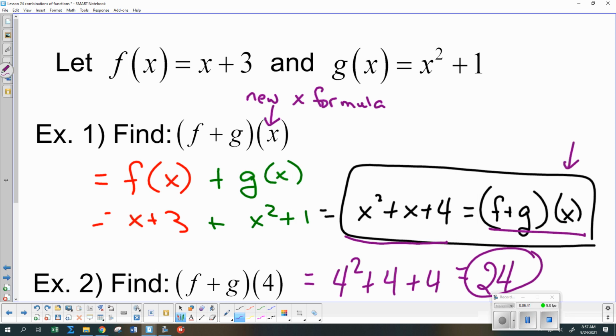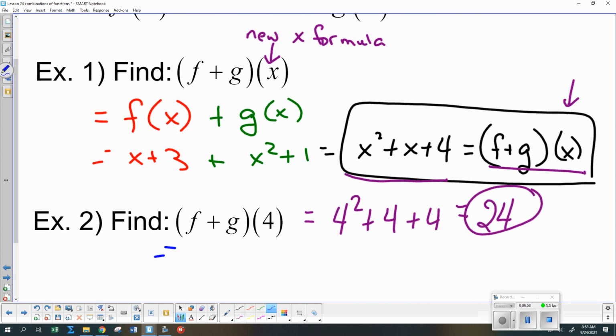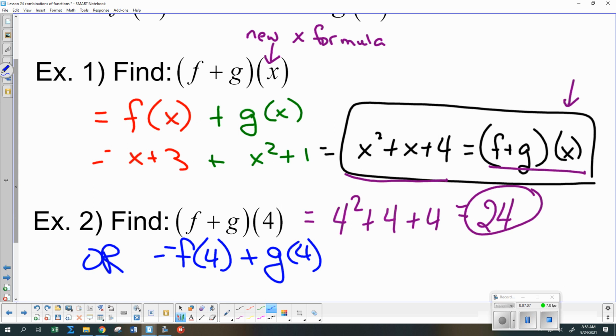Now, if our homework problem had not given us part 1 first, if the homework problem just said f of x is x plus 3, g of x is x squared plus 1, find f plus g of x, we could have simply said that that is f of 4 plus g of 4, and we could have looked at our formulas up here.